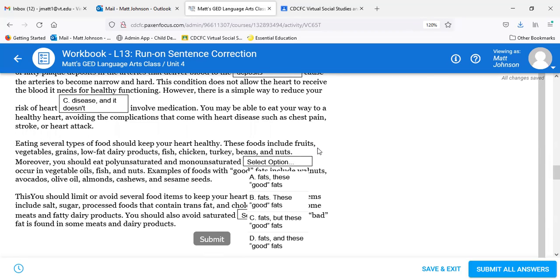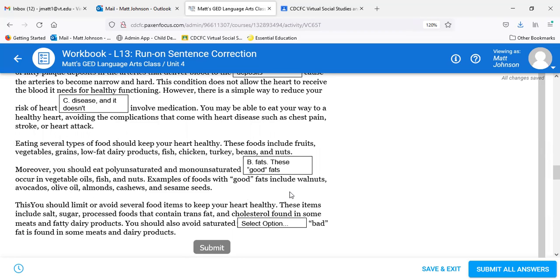Christiana, what do we want to put here? Is it B? It's B. Yeah, so moreover, you should eat polyunsaturated and monounsaturated fats, period.